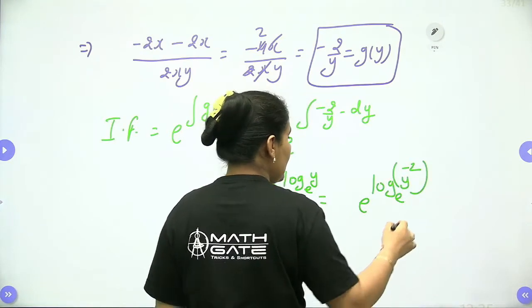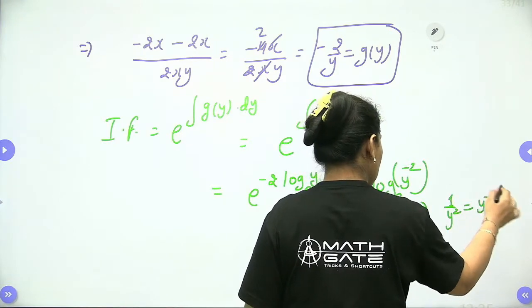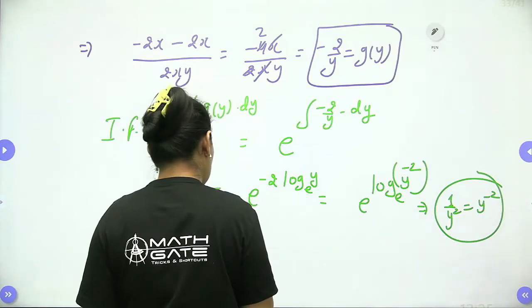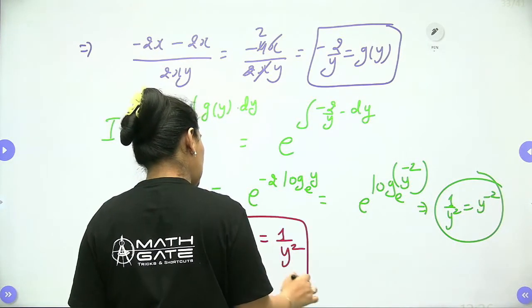Hence you will get 1 by y square, or y to the power minus 2. So your integrating factor will be 1 by y square only.